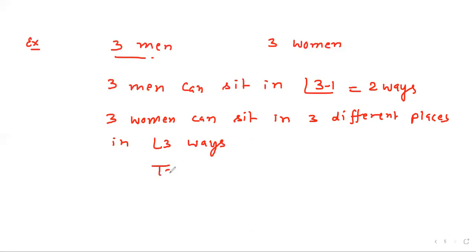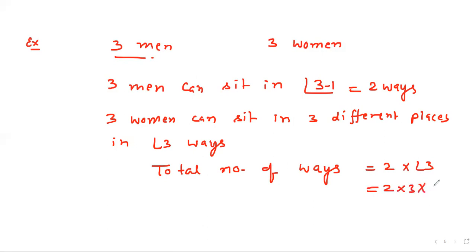So the total number of ways will be 2 into factorial 3, that is 2 into 3 into 2, that is 12 ways. Here in the first case, while making the seating arrangement for men, the rule of circular permutation is applied, but in the second case, we write it in a simple way.